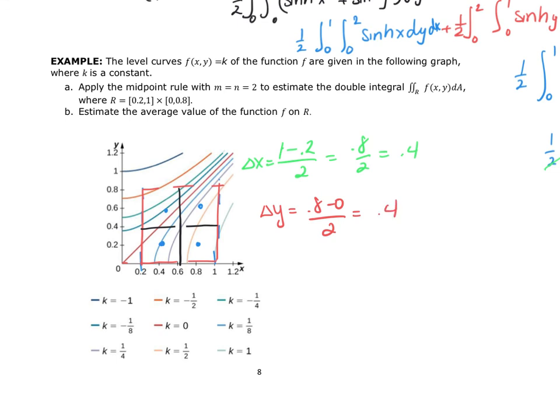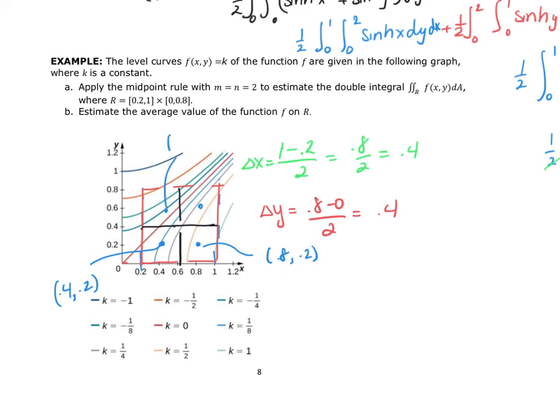So let me redraw this a little bit better. So then this is going to be cut right here at 0.4. Now, to find these ordered pairs, I can see that my first one right here looks like it'd be 0.4, comma 0.2. My second ordered pair here looks like it's going to be 0.8 and then 0.2.